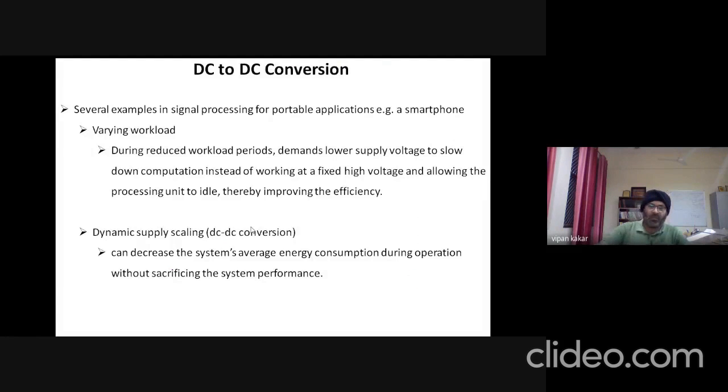Okay, so now we know the purpose of inserting a DC to DC converter in circuits or devices. It actually helps us in improving the efficiency and at the same time in improving the control. We can actually control as per our requirement.